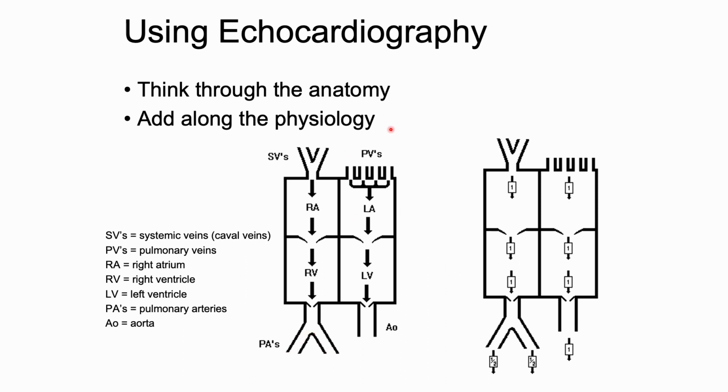Now that the blood has made its way through the right side of the heart, it comes back from the lungs with oxygenated blood, comes in through the pulmonary veins into the left atrium, passes through the mitral valve, into the left ventricle, through the aortic valve, into the aorta. And you can see this is one cardiac output going through the entire right and left side of the heart.